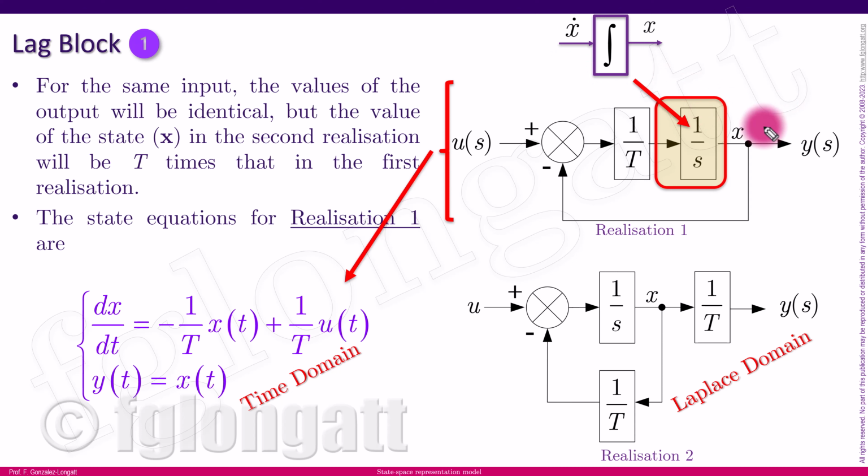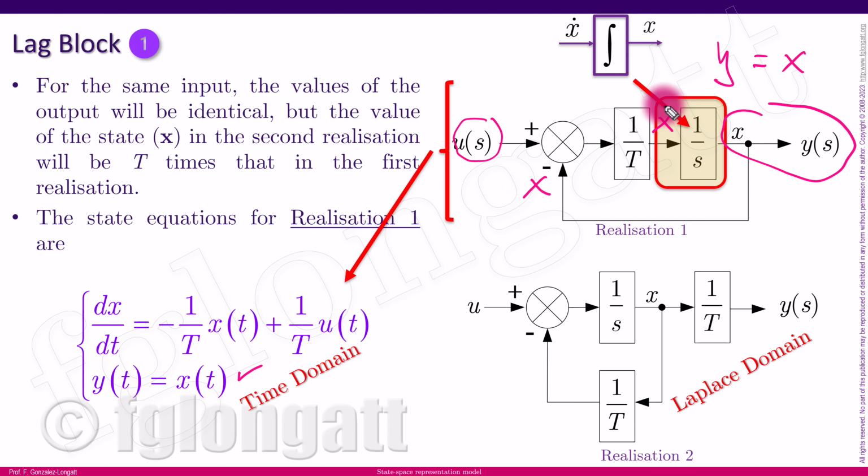So what you need to do here is, first equation, you can see that the output y is equal to x, and that is the algebraic equation. And the second equation is quite simple, because here the input is u, the feedback is x, and here there is an integrator.